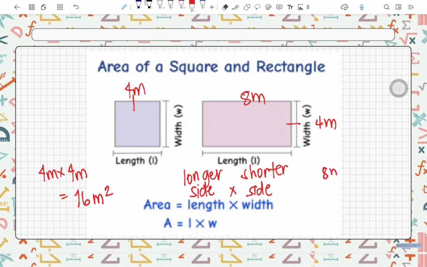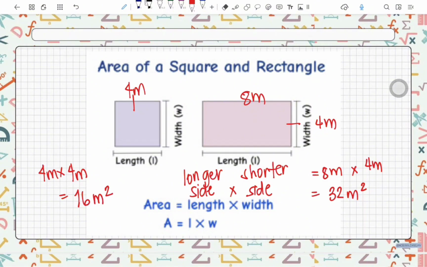This will become 8 meters multiplied by 4 meters, which is equal to 32. Is it only 32 meters? No. It will be 32 square meters because we are looking for the area and the standard unit for area is square, or power 2.